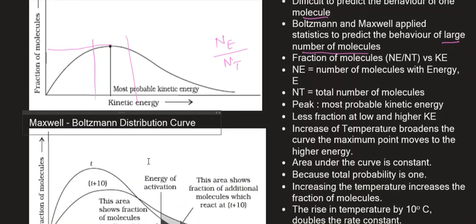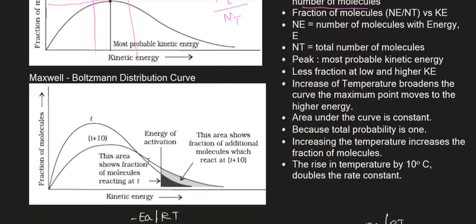Just look at this here. Are you able to see the two curves? This one is at temperature T. But when we increase by 10 degrees centigrade, what happens here?